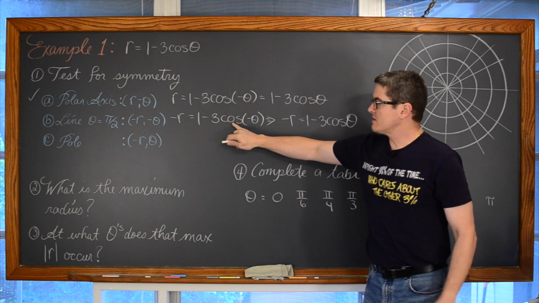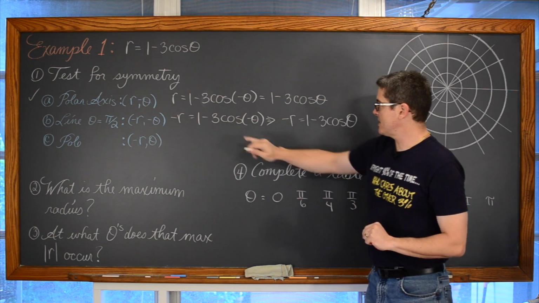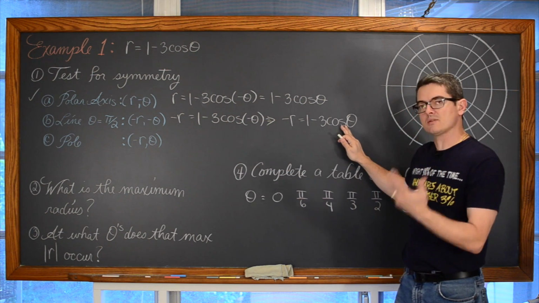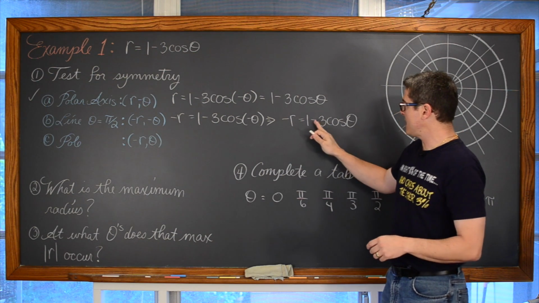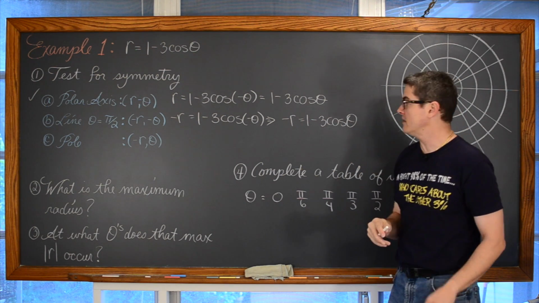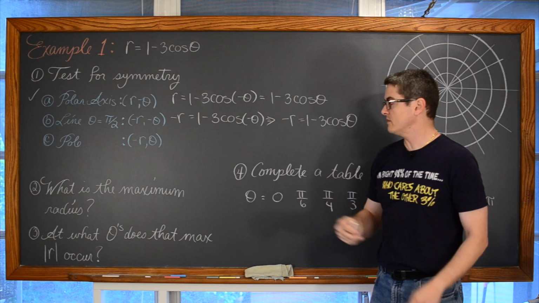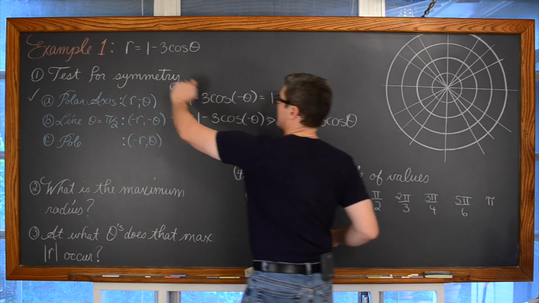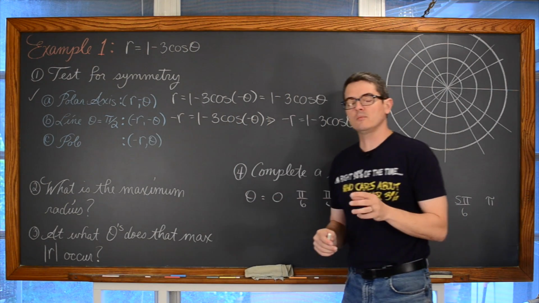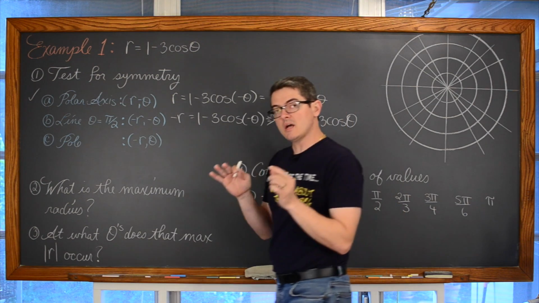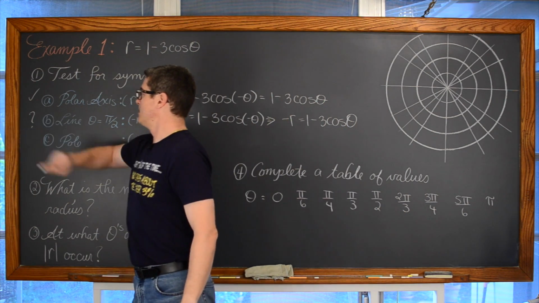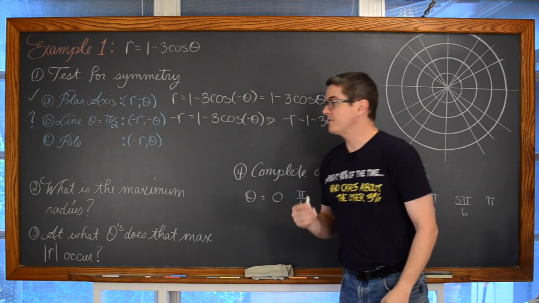Well, again, the even nature of cosine is going to allow that negative theta to just be canceled out and keep it as negative 3 or minus 3 cosine theta, but there's no way to get rid of the negative r and simplify it back to what it was in the first place. So that doesn't mean this is not going to have symmetry to the line of theta equals pi over 2.